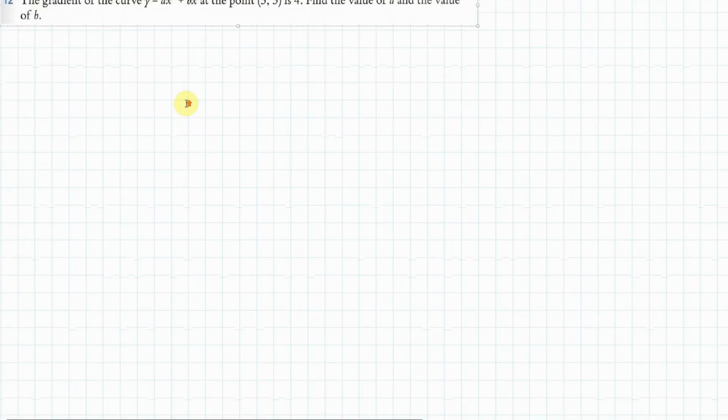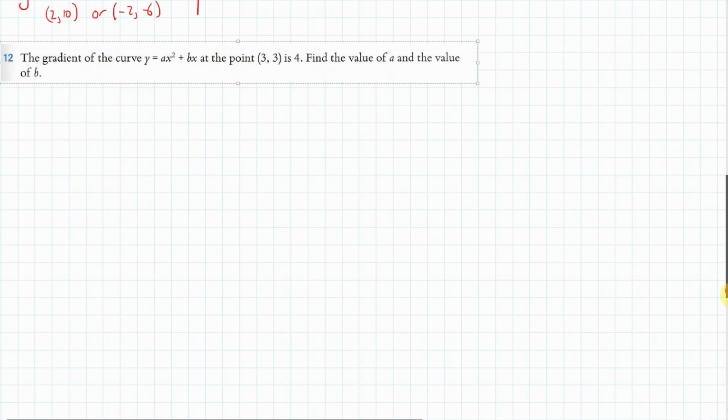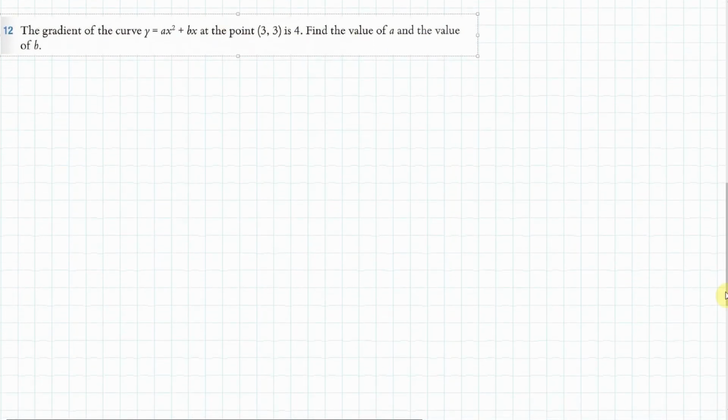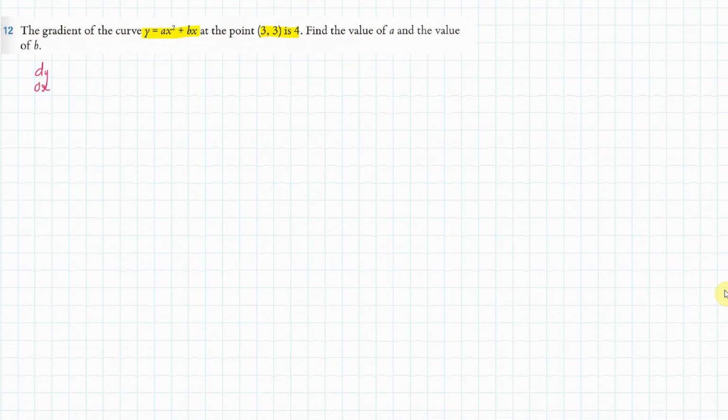So what we have here is the gradient of a curve y equals ax squared plus bx. And we know that the gradient at this point is 4, and we've got to find the value of a and the value of b. So first of all, we're going to go dy dx. So it will be 2ax.